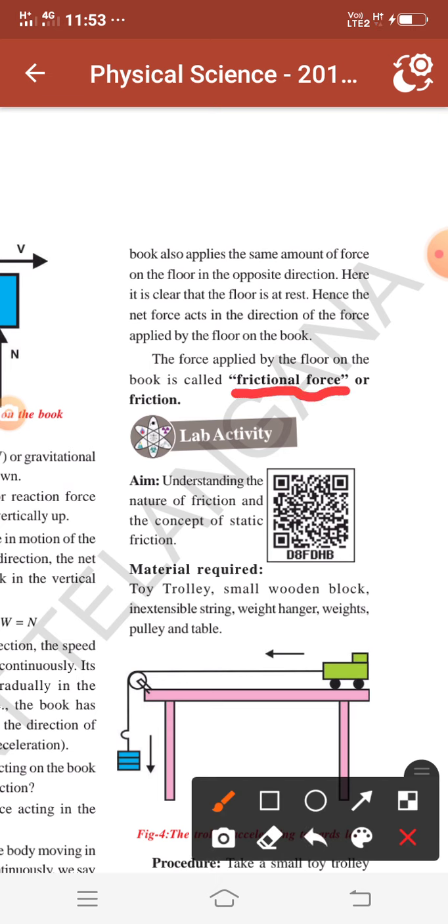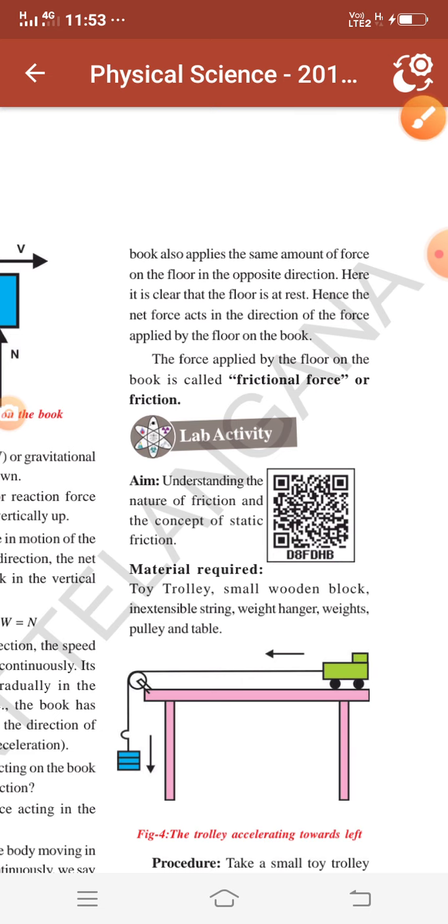Frictional force. So, in this activity 1, the friction which comes into play when the surface of one object moves relative to the surface of another object is called sliding friction.